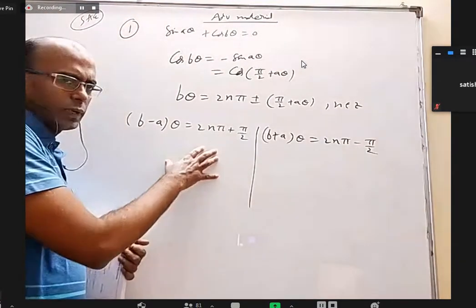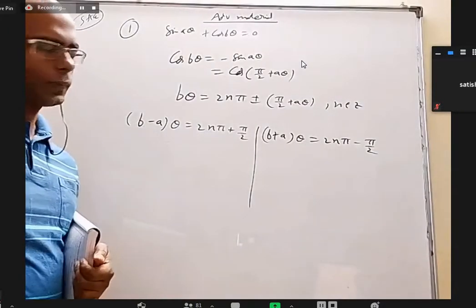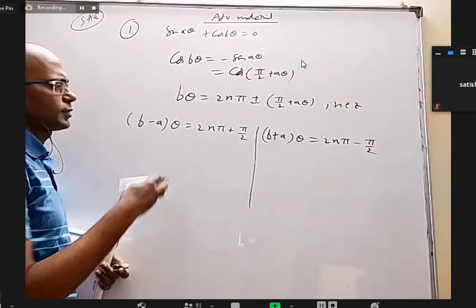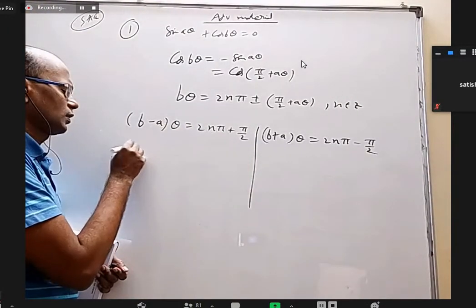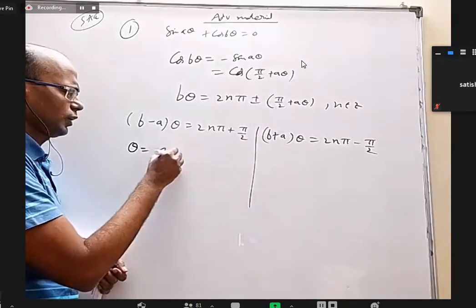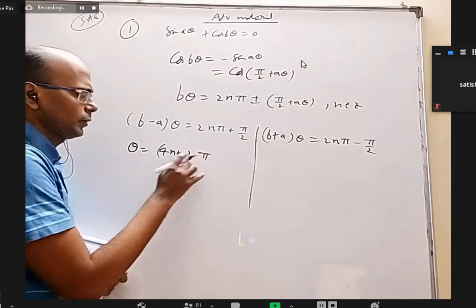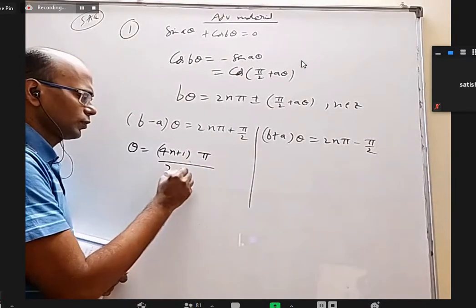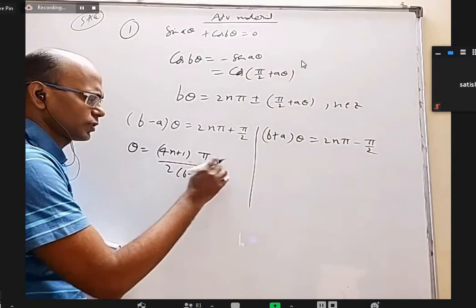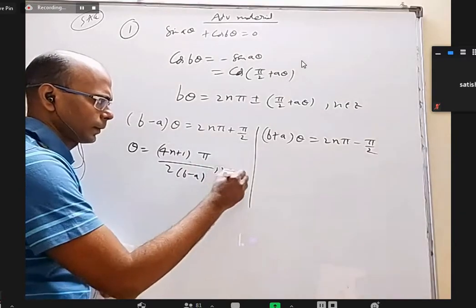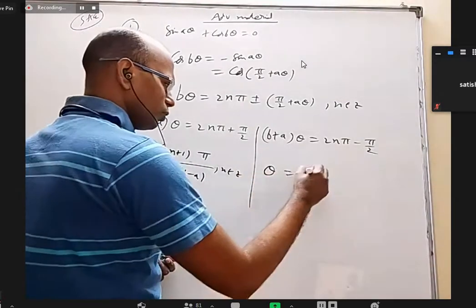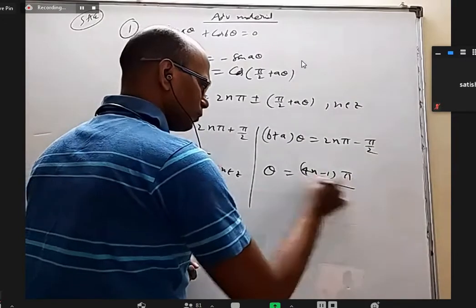So this will give some answers, and we have to see what happens. When I simplify this, I'll get theta is equal to 4n plus 1 into pi by 2 times b minus a, where n belongs to z. Here theta will be 4n minus 1 into pi by b plus a.